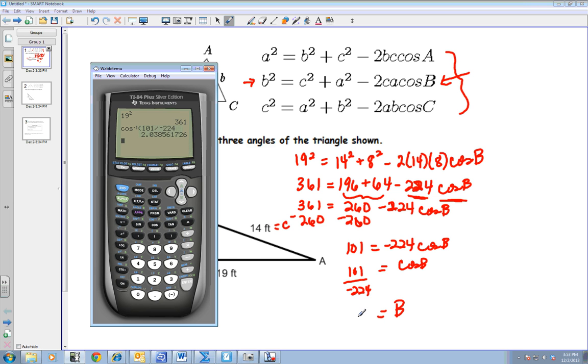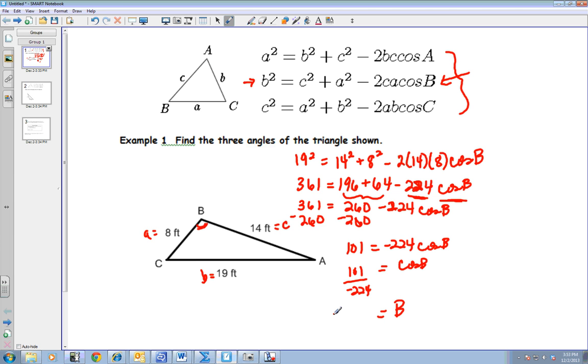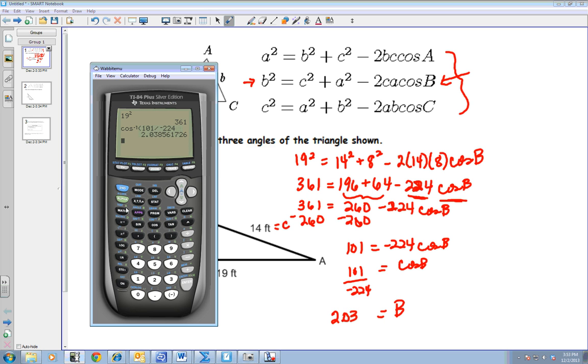2.03. That's not right. Let me see what I did wrong. Oh, I wasn't in degrees. So I was in radians. Okay, so everything I wrote down was right. I just need to put that back in.